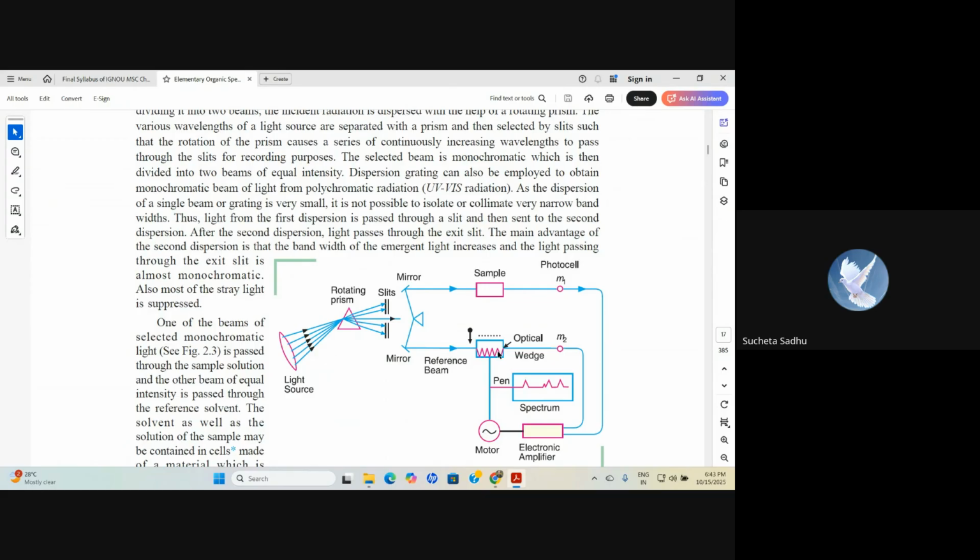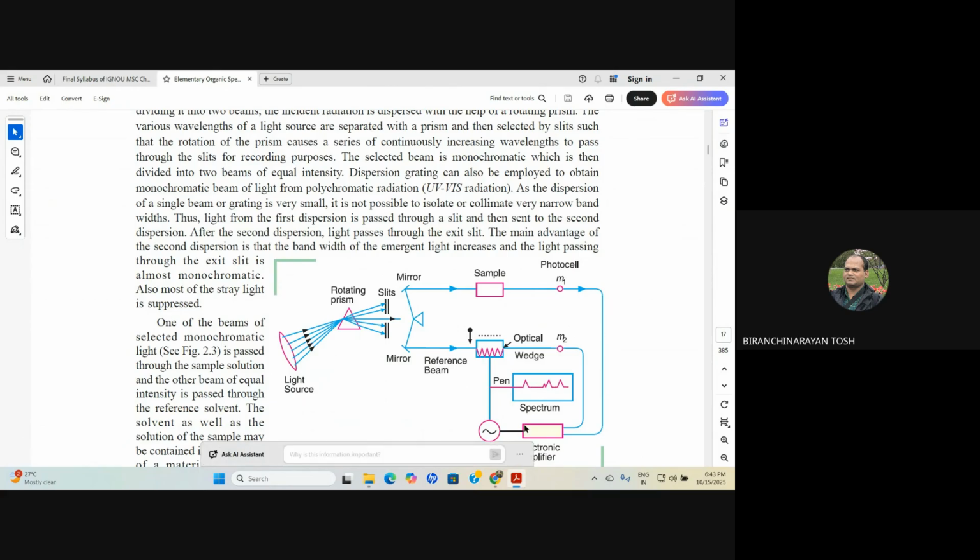As reference, whatever solvent you are taking for making the solution of the sample, you may take water or alcohol, in which the substance is soluble, that solvent you have to take as the reference. Because the solvent will also absorb some radiation, we have to subtract that, then we get the peak. That spectrum is for the sample only.